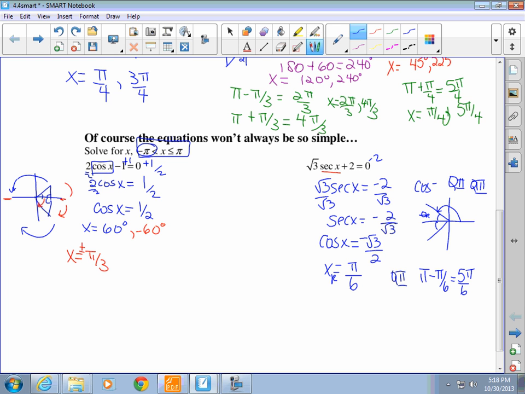In quadrant 3, though, because I've got that negative pi restriction, it means I'm going to find the clockwise angle, so I'm going to here.